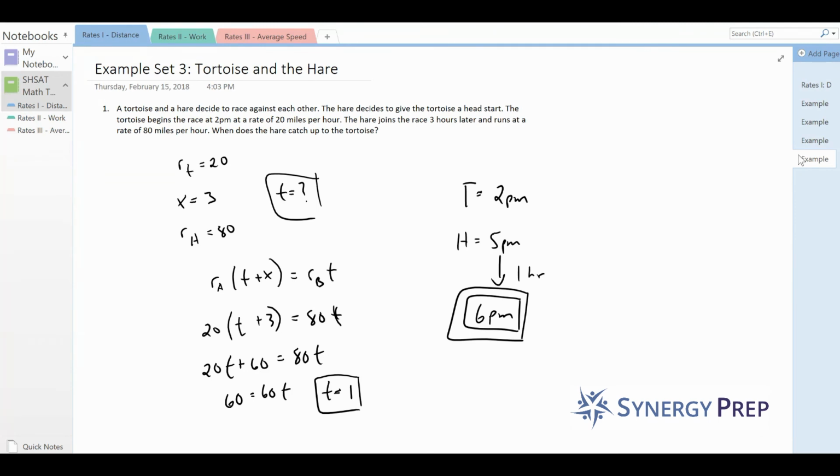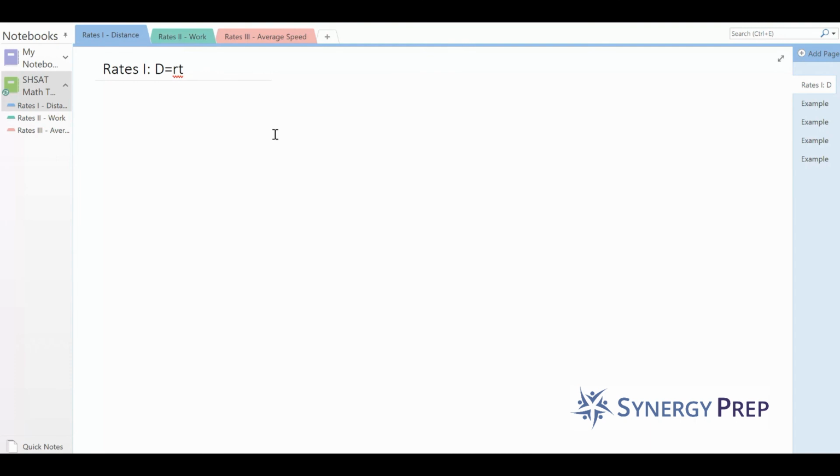Now, if we were to look back at all the equations that we've covered, this is what we have. Rate is equal to distance over time. If you multiply both sides by time, you get distance is equal to rate times time, which is the most basic question to answer.